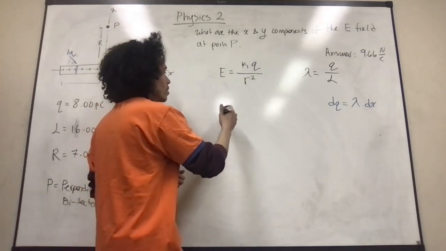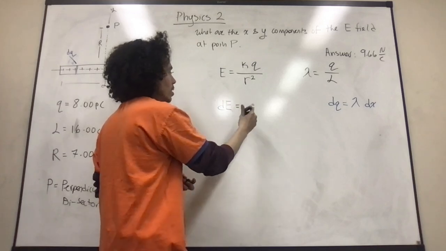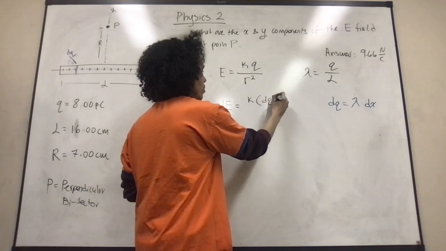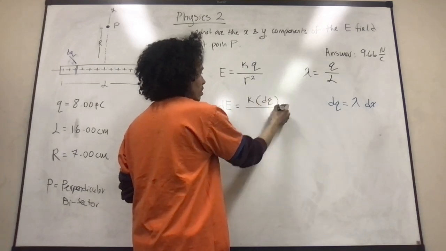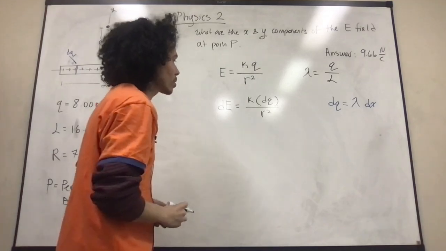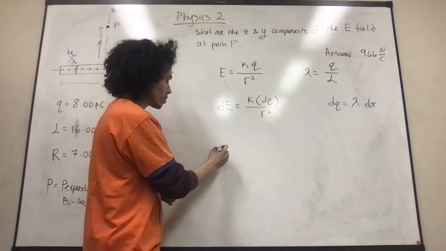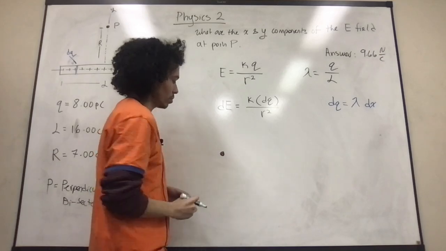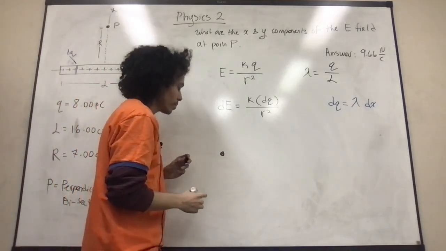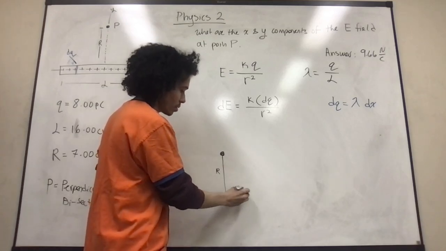So we're going to say that dE is equal to dq, we're going to bring that in here, over r squared. We have to figure out what our r squared is. So we're going to look at the point P. We have a distance r from the rod.